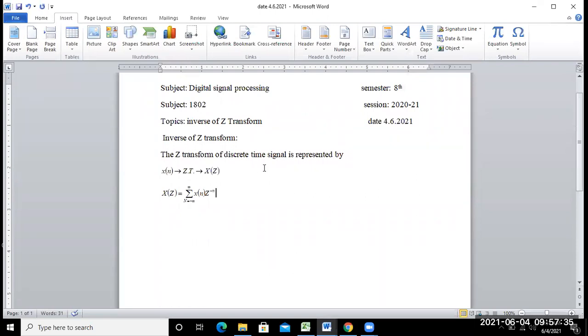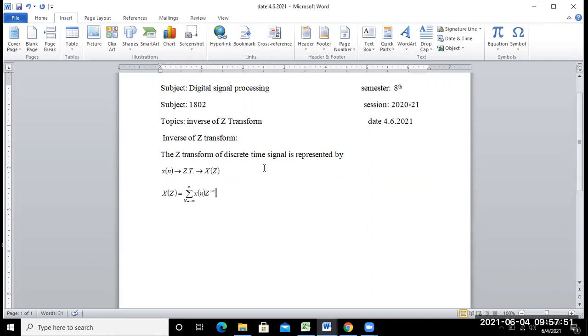Any transform of a signal, that means from time domain to frequency domain, can be done by either the Fourier transform, Laplace transform, discrete time Fourier transform or Z transform.